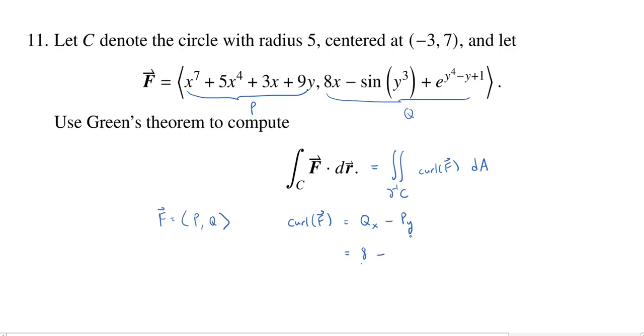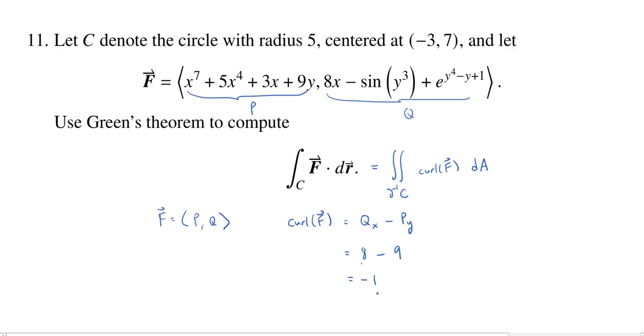Then we're going to subtract the partial derivative of the P component with respect to y. So let's see here, x to the 7, x, oh my goodness, they're all x's. The only thing I have left here is a 9y. So the partial of 9y with respect to y is just a 9. So the curl, amazingly, is just -1.